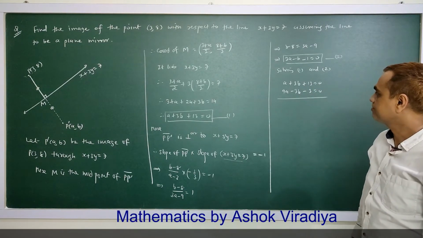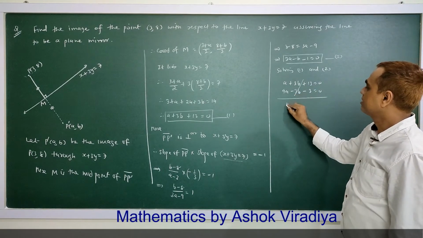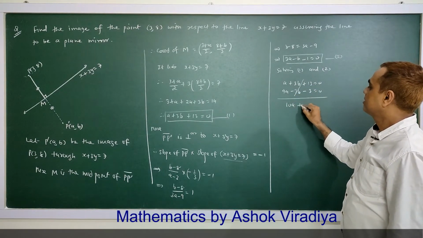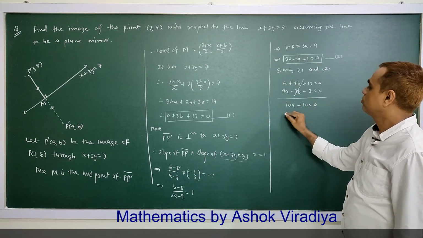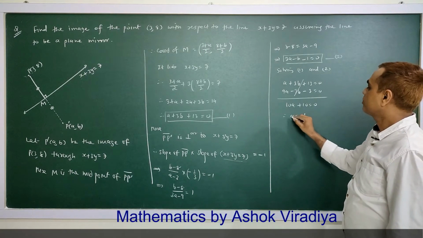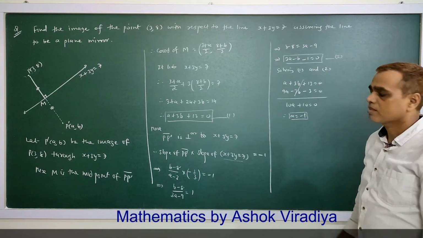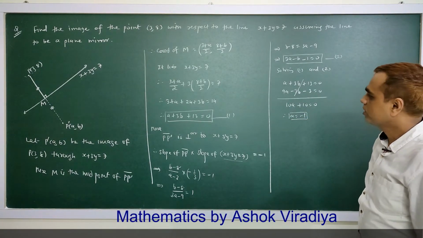Taking addition, the b terms cancel: 10a + 10 = 0, so a is -1.